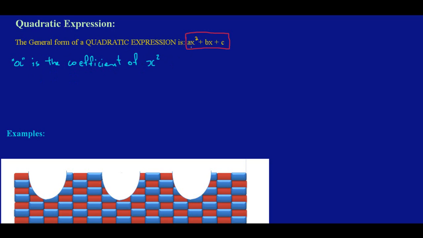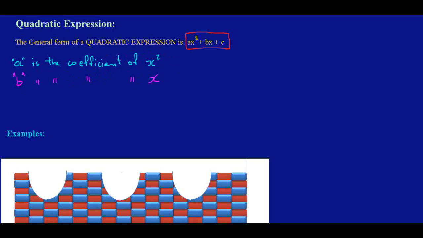Okay, and we have a b here, so this b here is the coefficient of the term in x. Okay, and if you notice, b is in front of x.